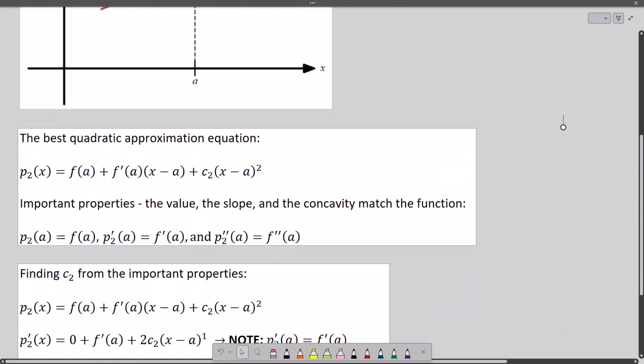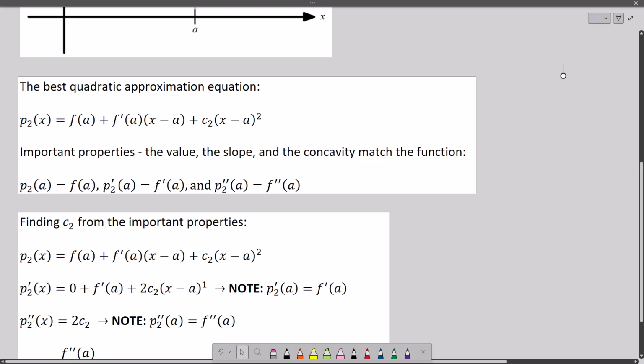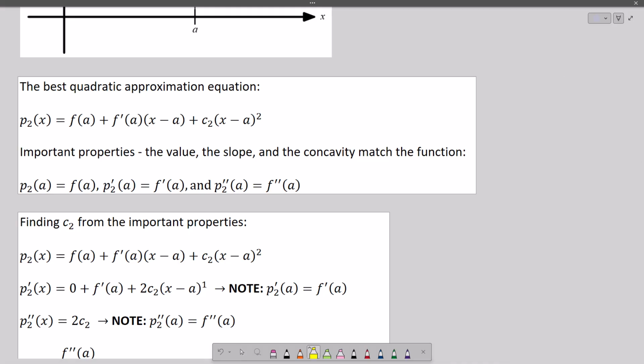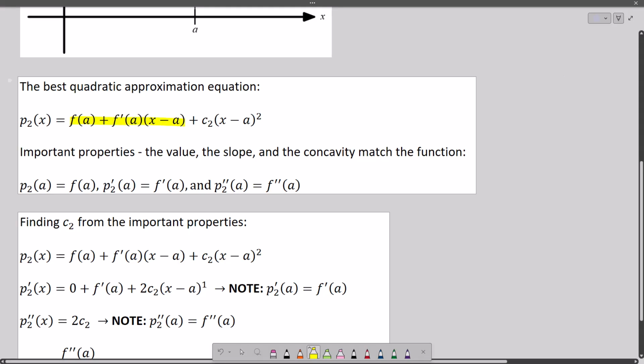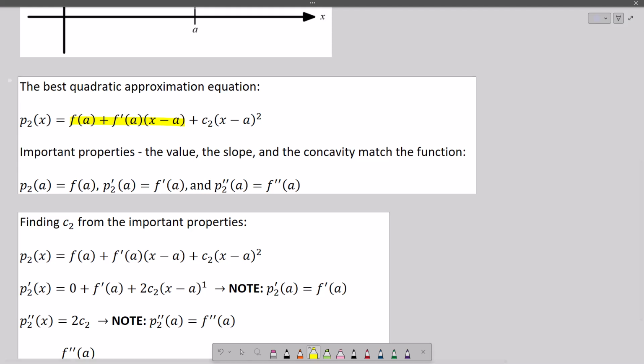So here's how we build the best quadratic approximation. We start with our tangent line, and then we need to add a quadratic term. So we're adding this quadratic term with these three principles in mind down here that we want value, slope, and concavity to match.